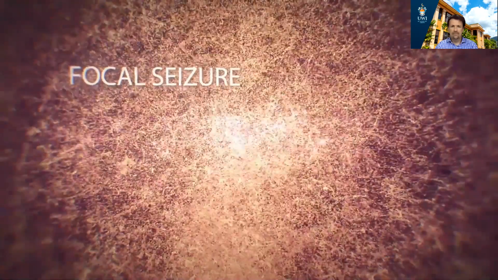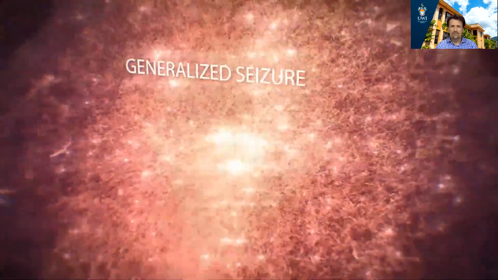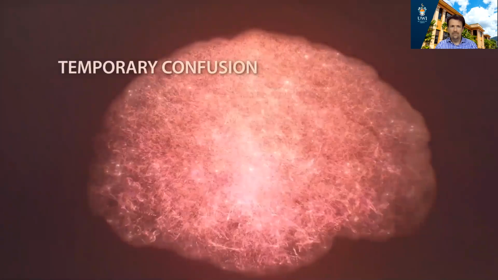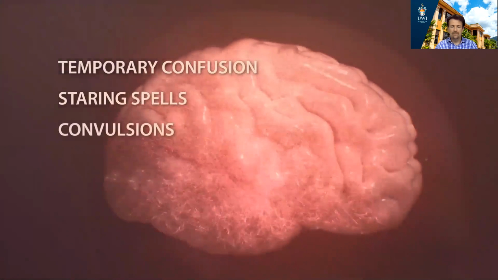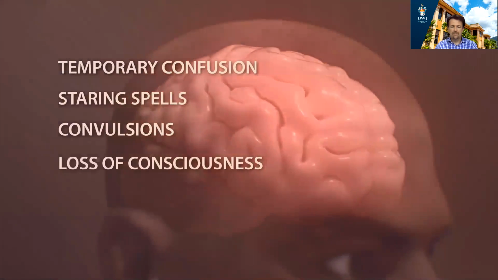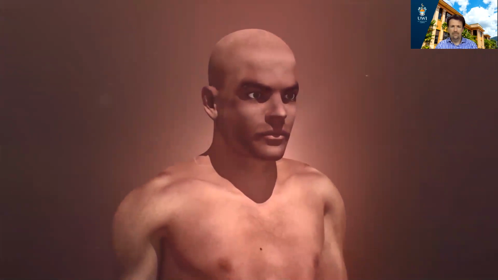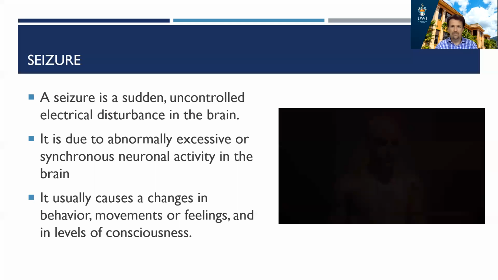There are two types of seizures. Focal, or partial seizures, happen in just one part of the brain, while generalized seizures seem to occur all over the brain. Symptoms usually vary depending on the type of seizure and can include temporary confusion, staring spells, convulsions, or loss of consciousness. If you think you've had a seizure, talk to your doctor right away for more information.